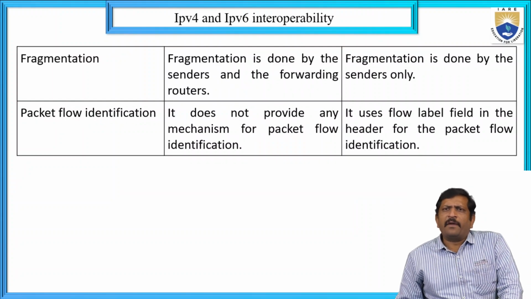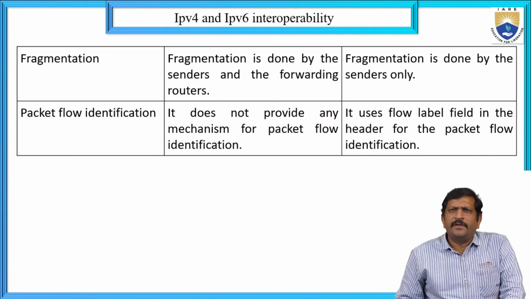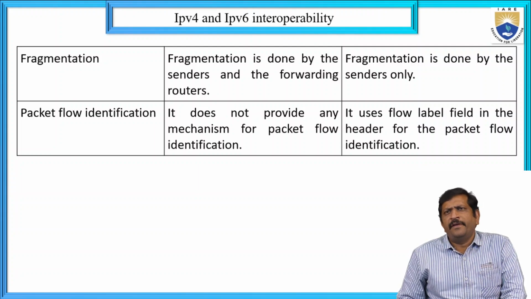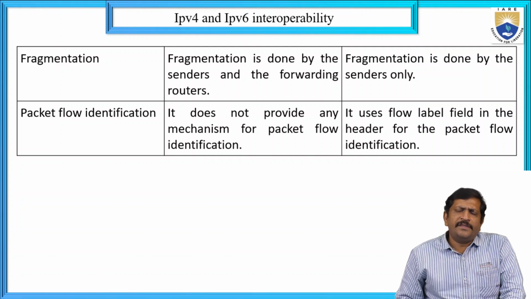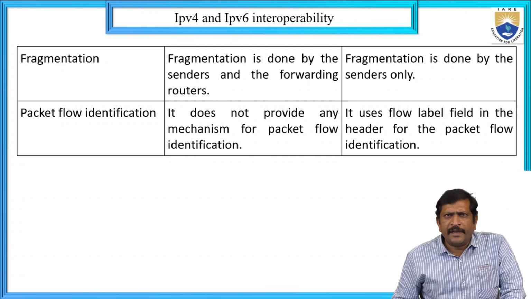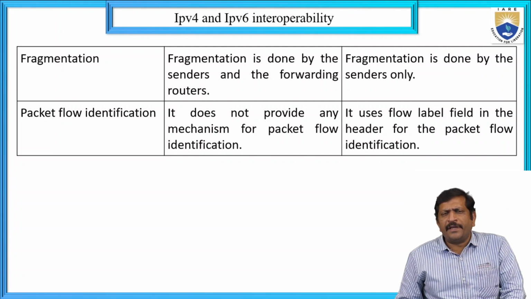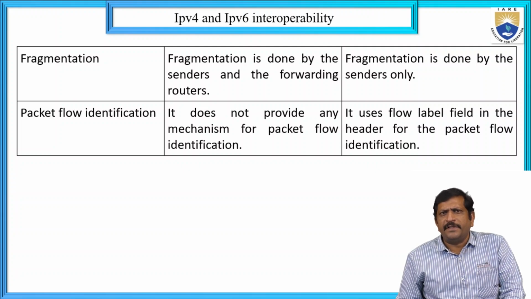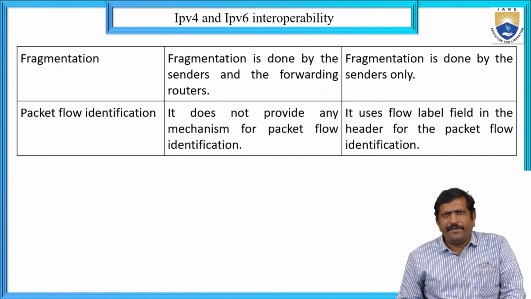Fragmentation. In IPv4, fragmentation is done by the sender and by the forwarding routers. In IPv6, fragmentation can be done only on the sender side. We can't do fragmentation from the receiver side in IPv6. Packet flow identification.